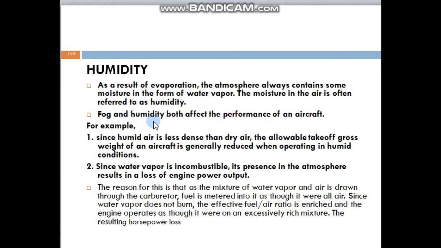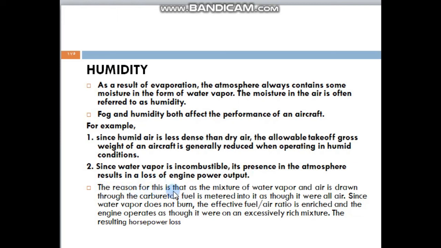Fog and humidity both affect the performance of an airplane. For example, since humid air is less dense than dry air, the allowable takeoff gross weight of an aircraft is generally reduced when operating in humid conditions. Since water vapor is incombustible, its presence in the atmosphere results in a loss of engine power output.